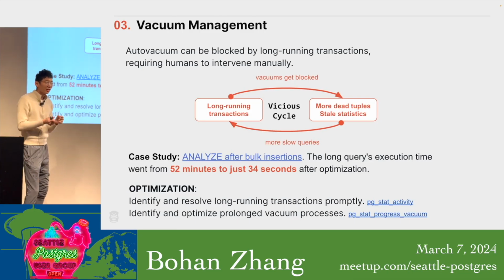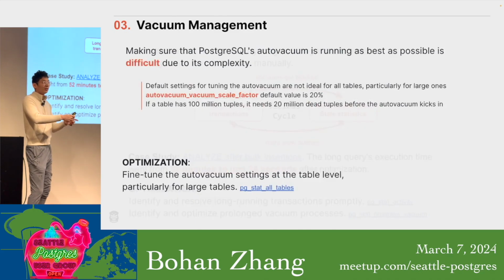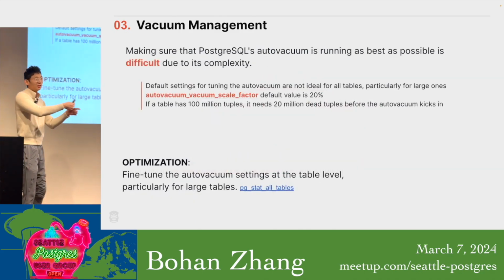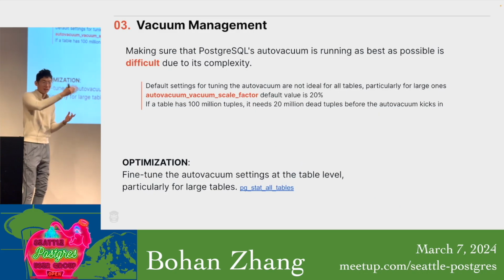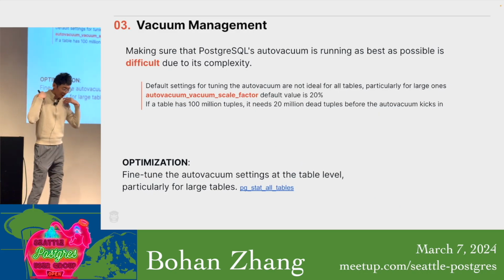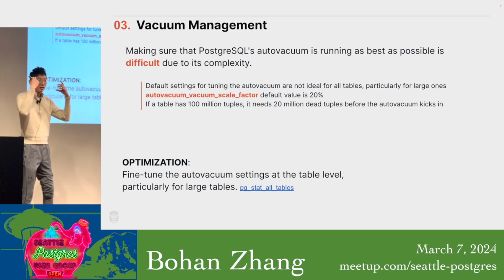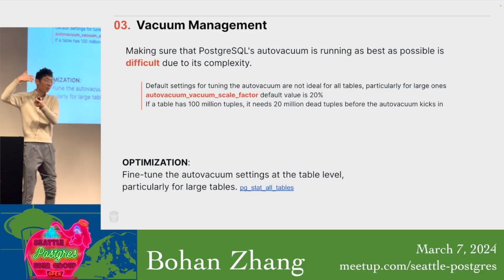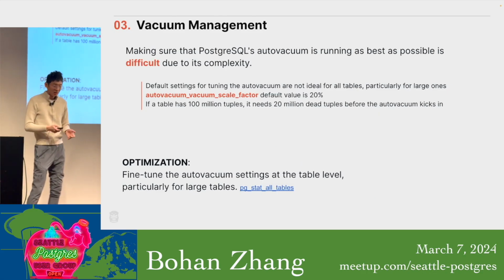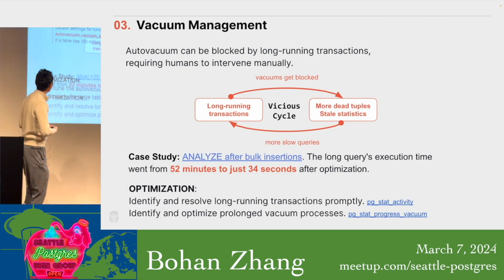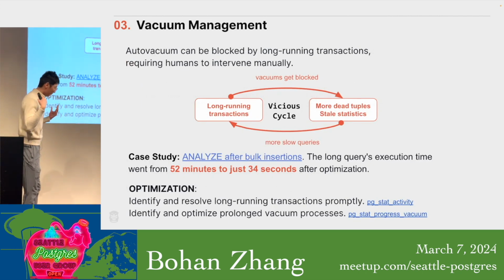The optimizer still thought it had 10 rows because the statistics were not updated. So it ran a sequential scan on the table because it only has 10 rows, right? It generated a very bad plan, because in reality it has 1 million tuples. So the sequential scan is not good for a large table. That's how the issue comes from stale statistics.